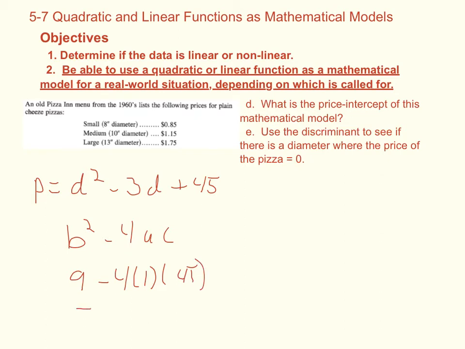So what you get is negative 180, isn't it? So that's negative 171. So what do we know? That the solutions in the discriminant, they'd be imaginary if the diameter equals 0. So what do we say? No, in the real world, there is no place where the price of the pizza equals 0. There's no actual real diameter.